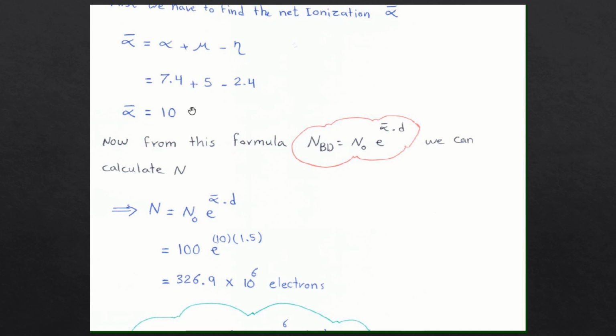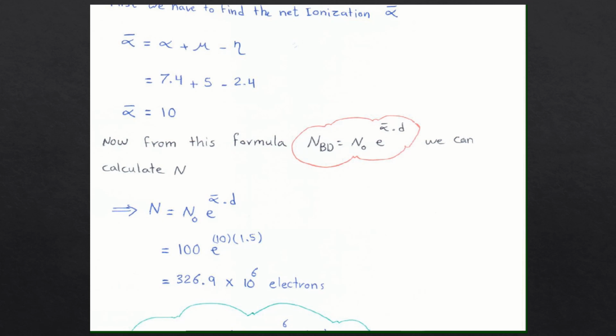Now, since we found the net ionization, we can easily use this formula by substituting the values given in the question, which are the number of electrons and the distance, and the net ionization that we just calculated. By substituting, we get 100 into e to the power 10 into 1.5.